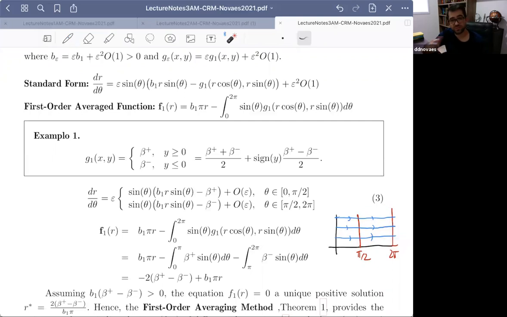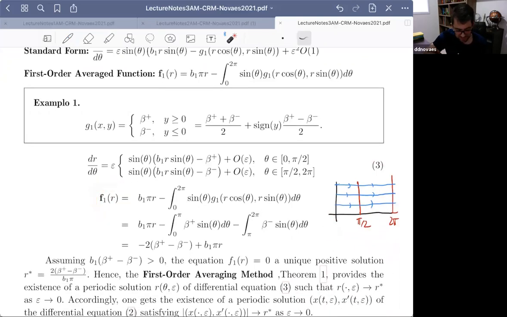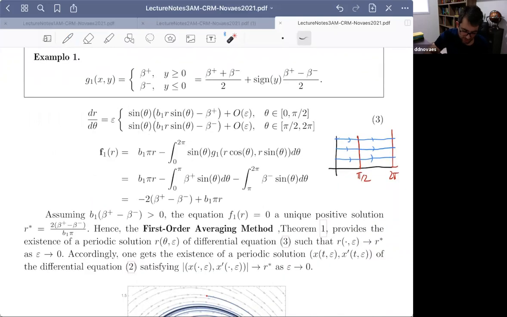So this property persists for epsilon small. So the crossing hypothesis is satisfied in this context. And when we compute the first order average function, we obtain this linear function, and of course we can solve this linear equation and obtain a simple zero, which belongs to the domain as long as B1 multiplied by this difference is positive.